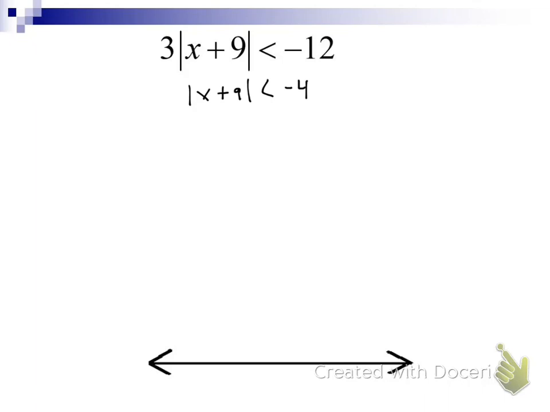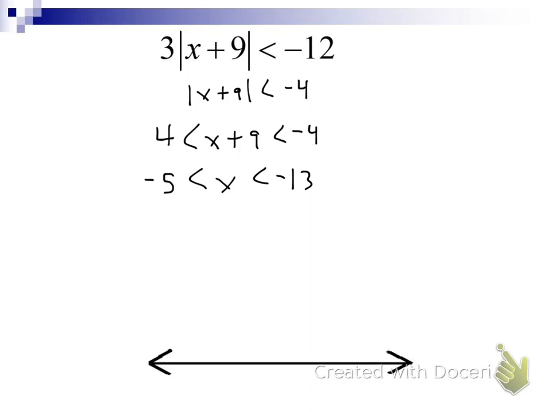Okay, let's see. Let's write it. x plus 9 less than negative 4 and greater than 4. Let's see what happens. When I subtract 9, I get x's greater than negative 5 and less than negative 13. Now, this doesn't make sense right now because I have the smaller numbers here on the right. But think about it.